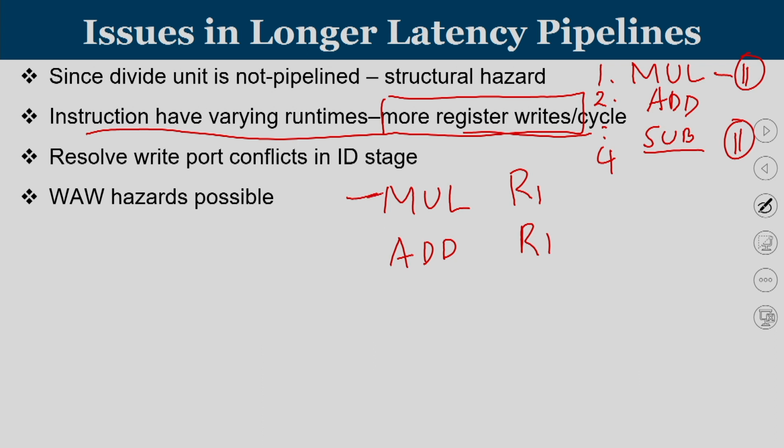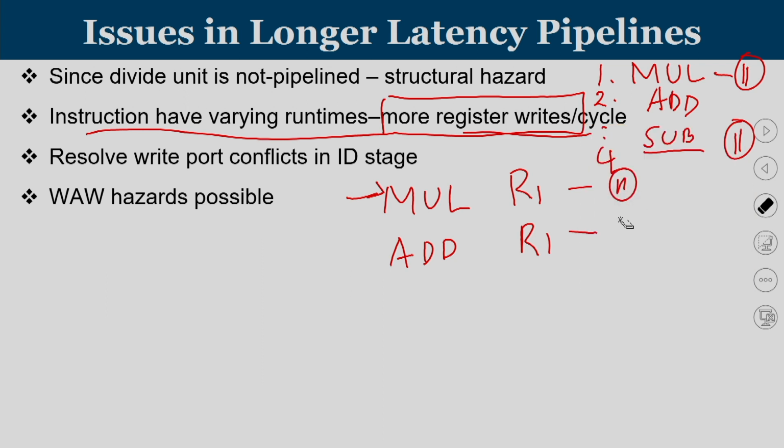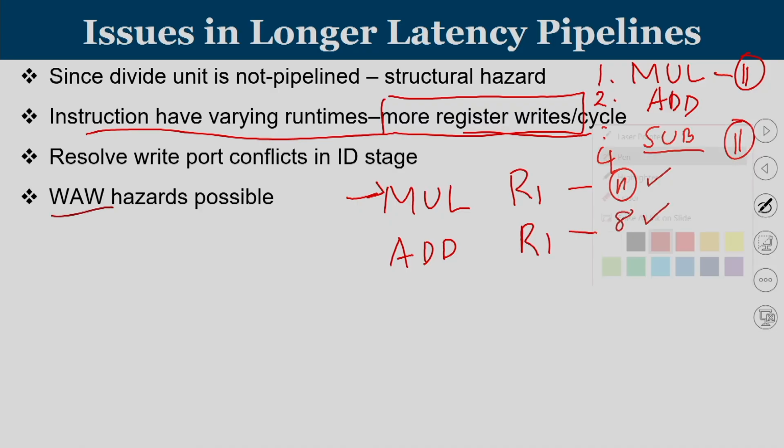Even though the multiplication instruction started before the add instruction, it may be completing only in the 11th clock cycle, whereas your add instruction gets over in the 8th clock cycle. So my multiplication instruction is completing only at clock cycle 11, whereas my add is getting over at clock cycle 8. This is exactly what you mean by a WAW hazard.